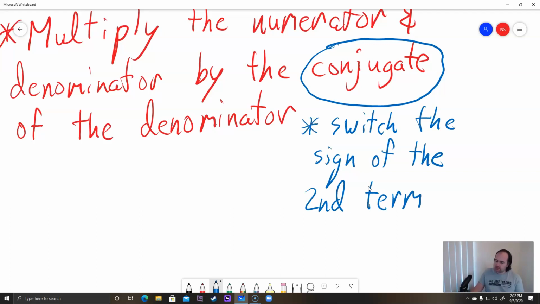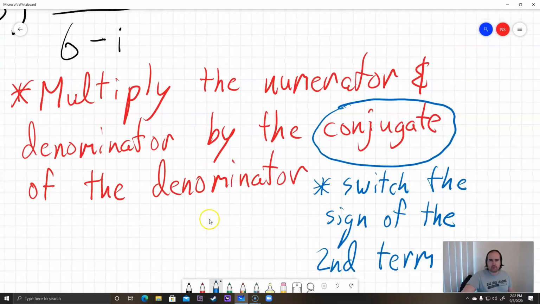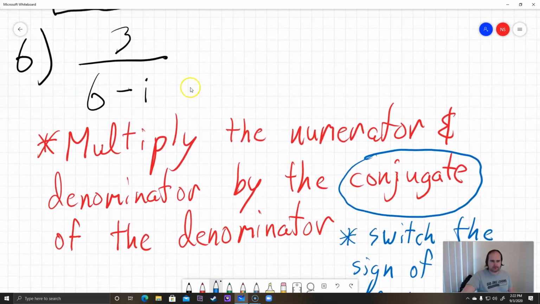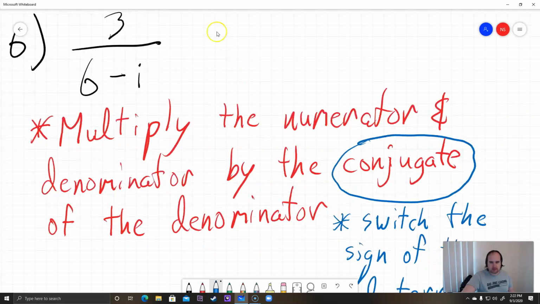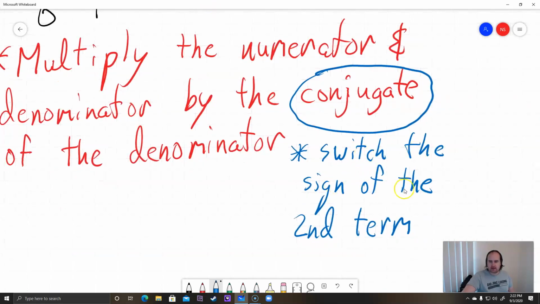So what we're going to be doing is multiplying the top and the bottom by the conjugate of the bottom. So going back up here, we're going to multiply the top and the bottom by the conjugate of 6 minus i. And how do you find the conjugate? You switch the sign of the second term only.